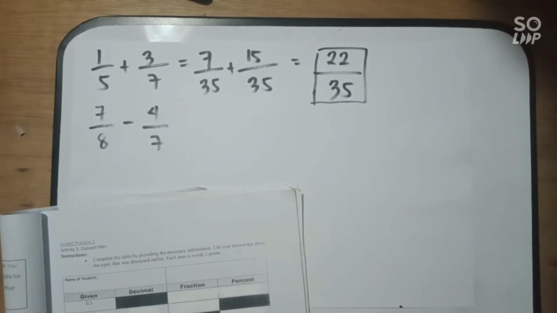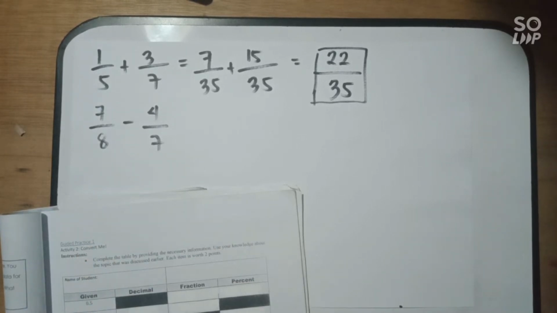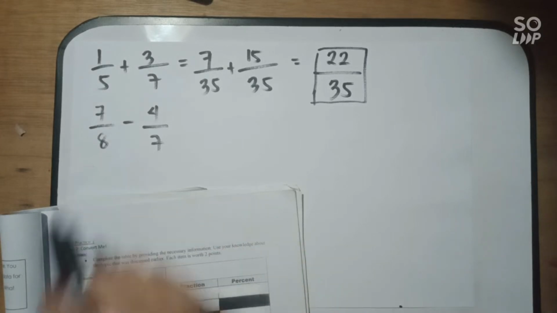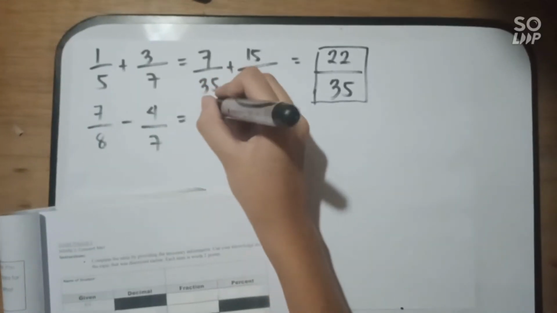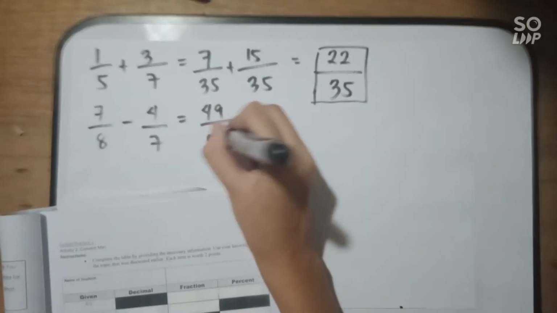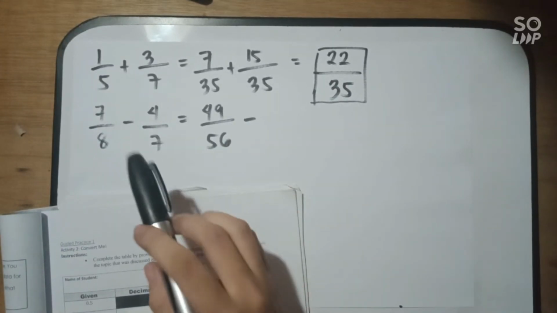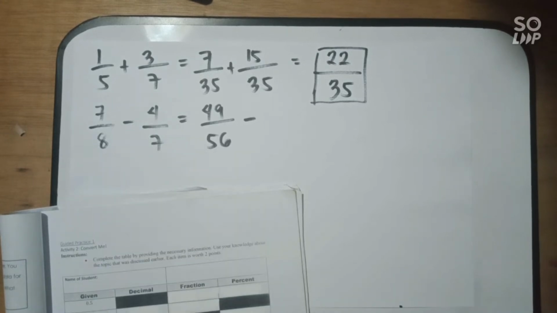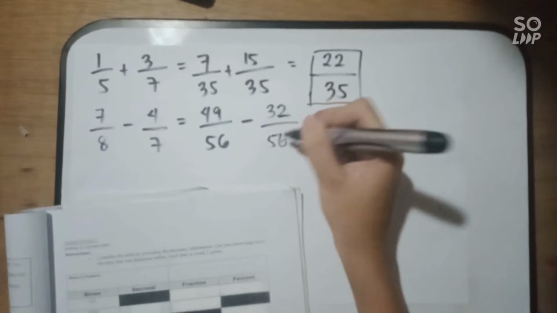Since they also have different denominators, the first step that we need to do is to find the LCD. The LCD of 8 and 7 is 56. So, in making it into similar fractions, 56 divided by 8 is equals to 7 times 7 equals 49 over 56, minus 56 divided by 7 is equals to 8 times 4 is equals to 32 over the denominator, which is 56.